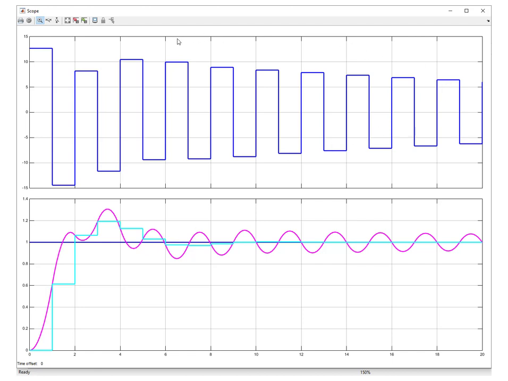It comes from the fact that this controller output is oscillating between a positive and negative value. And by now you should have found why this is the case. This is because we have in the denominator of the controller a pole that is stable, but it is in the interval -1, 0.